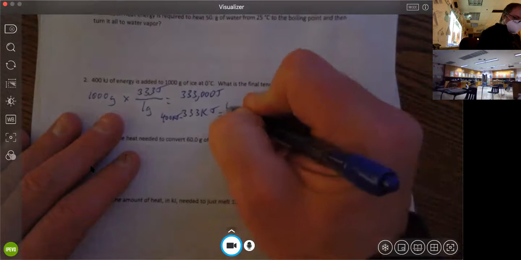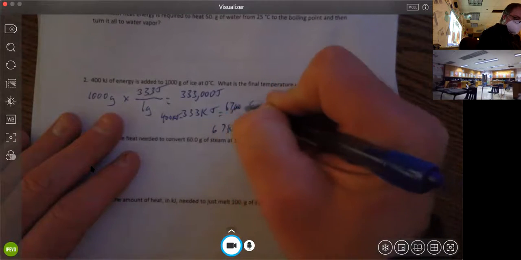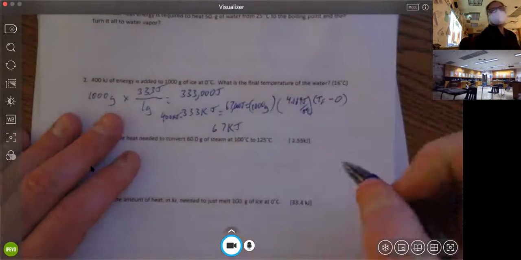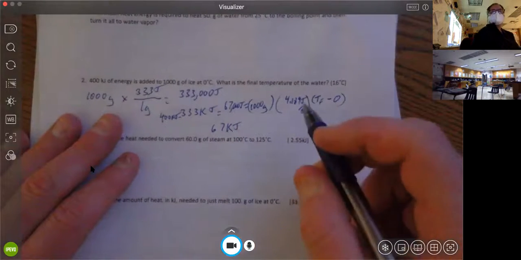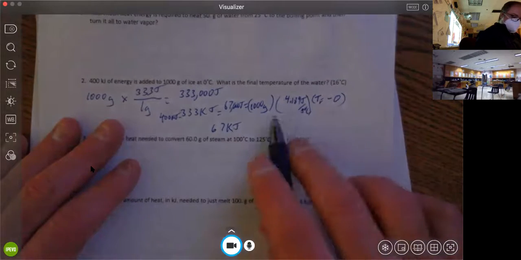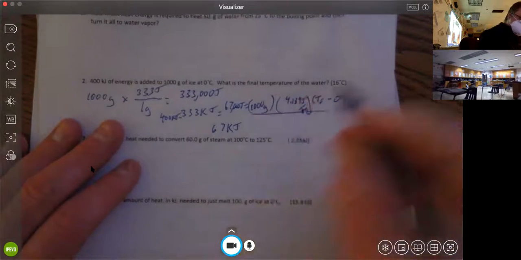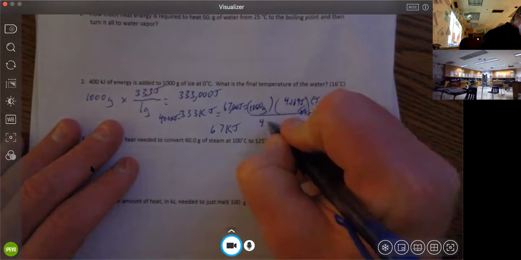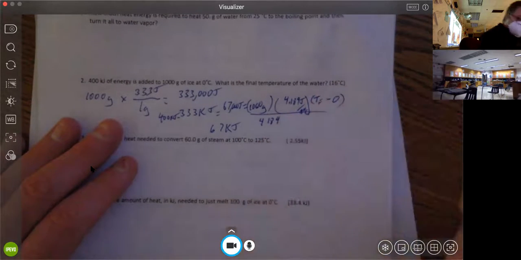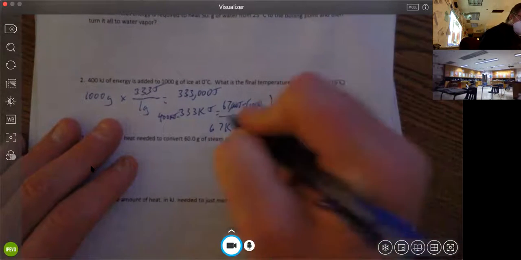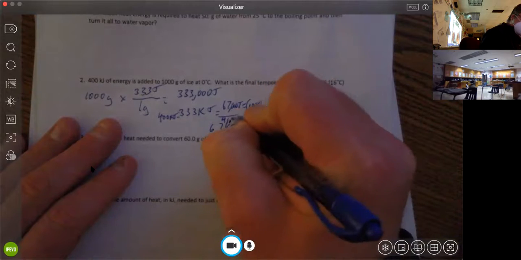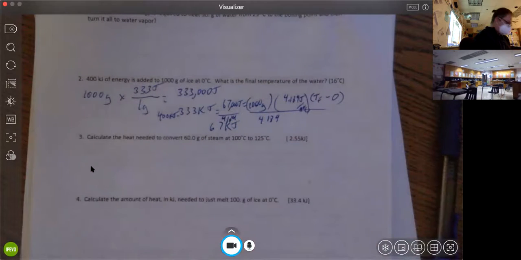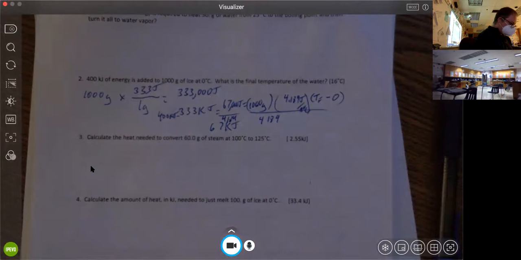And we have 67,000 joules. So if we multiply the 1,000 by 4.184, we get 4,184. We're going to divide both sides by that, 4,184. 67,000 divided by 4,184.